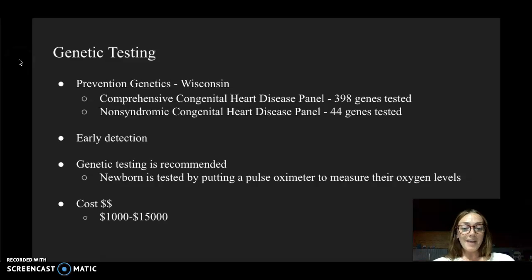This is going to be picked up by that pulse oximeter and going to warn medical professionals, when they have a lower oxygen level, that more diagnostic testing is going to be needed, and that this might not be a healthy fetus.